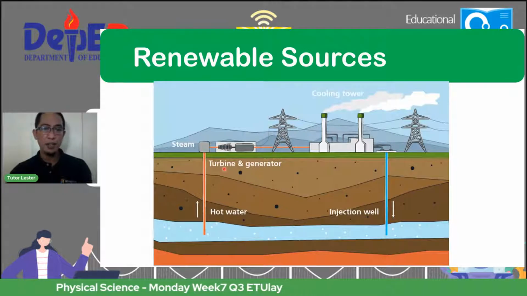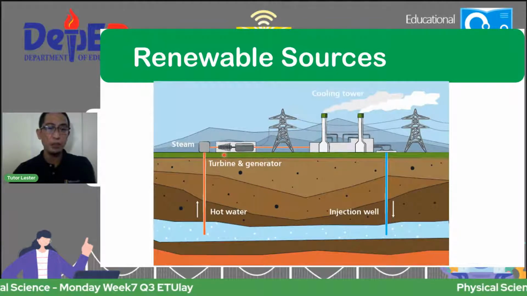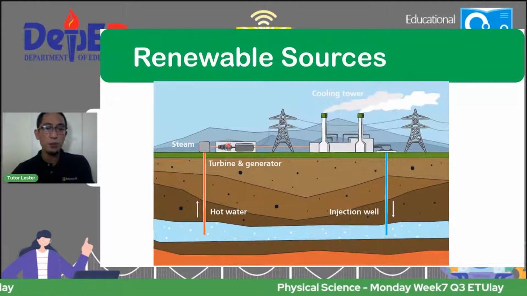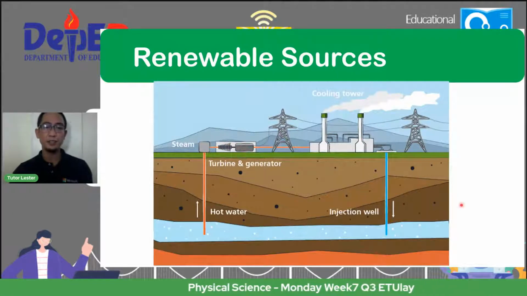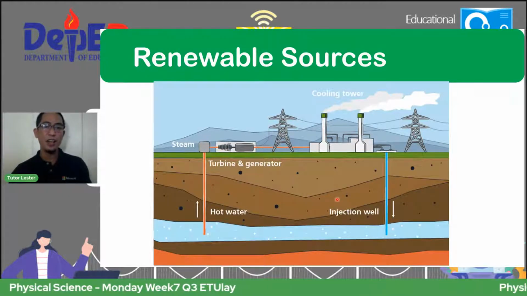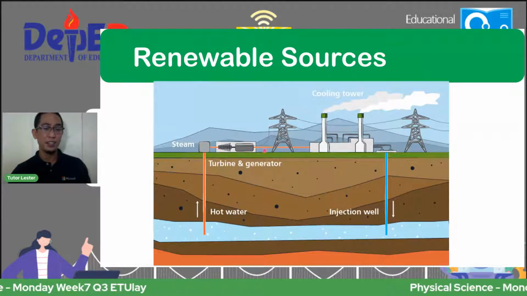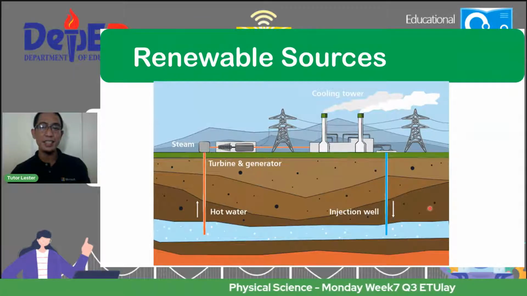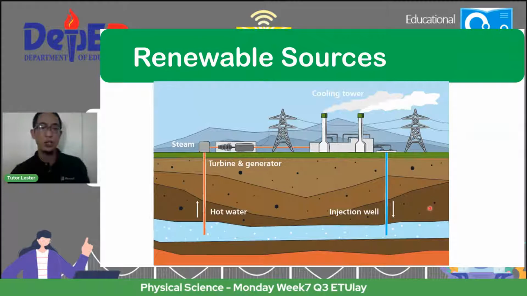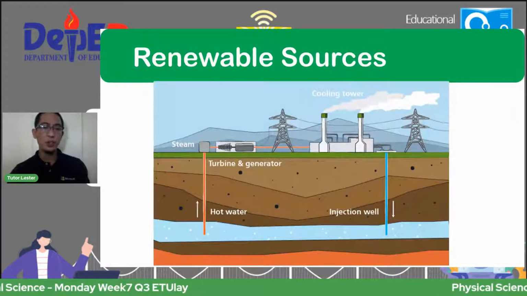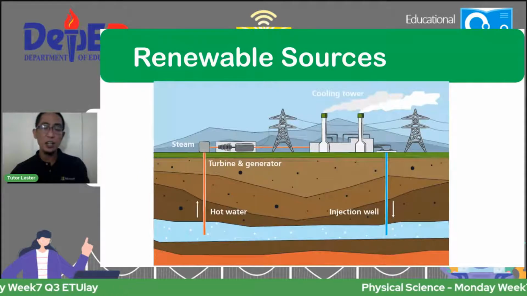And this steam is used to drive a turbine that turns the generator to produce electricity. So geothermal energy is less of an environmental hazard kung ikukumpara po natin sa ibang fuel source. Though it still has some emissions of carbon dioxide, nitrous oxide, and sulfur dioxide.